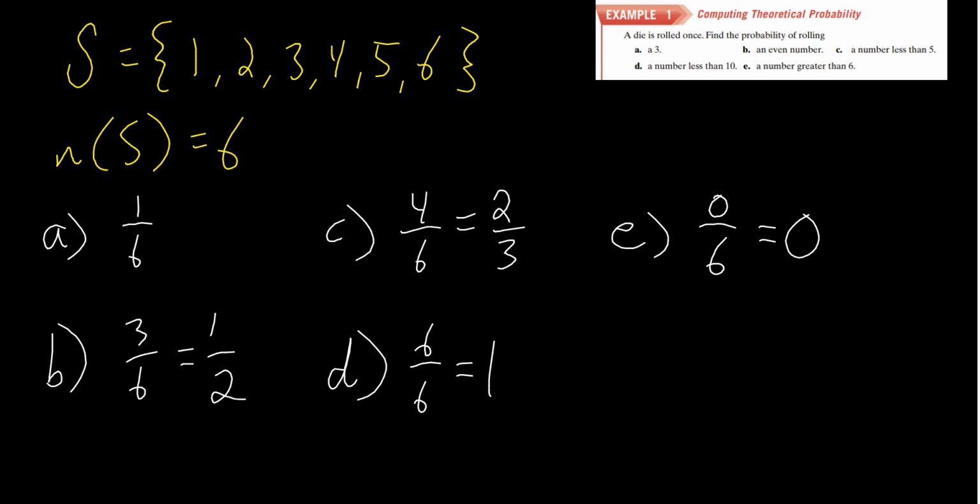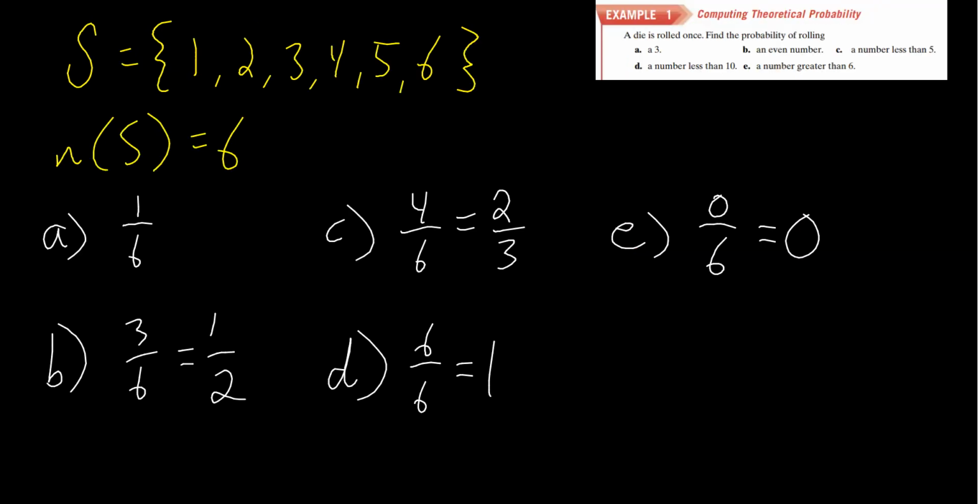There are 52 cards, so n of my sample space is 52. That's going to be my denominator with every one of these, because I'm dividing by my sample space.